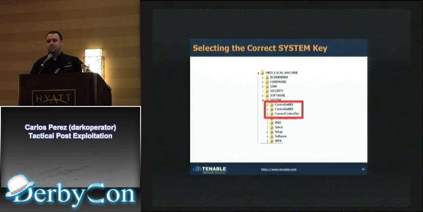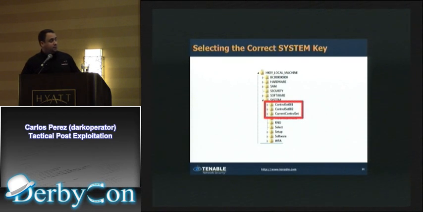I have gone into boxes where the current ControlSet001 is the one that has the information I need, updated with the latest information on hardware connected to that box and software that is actually on that box. And then in other cases, the user rebooted, I got persistence connected back to my box, I'm back in the box, and it's now ControlSet002.